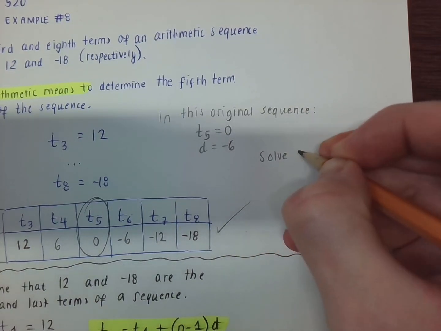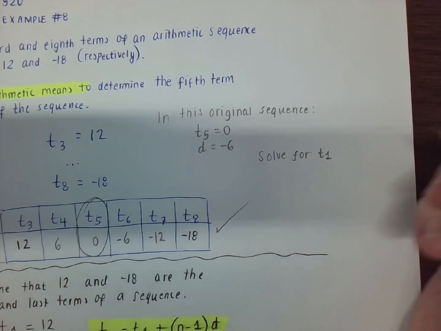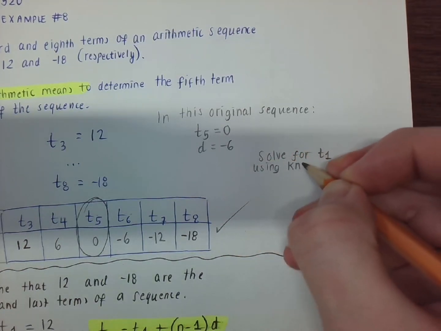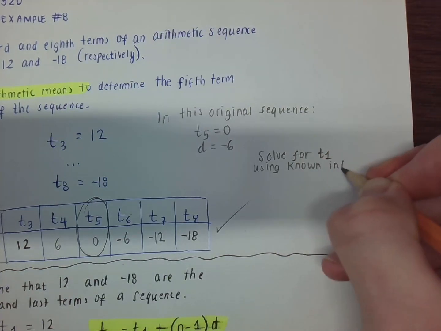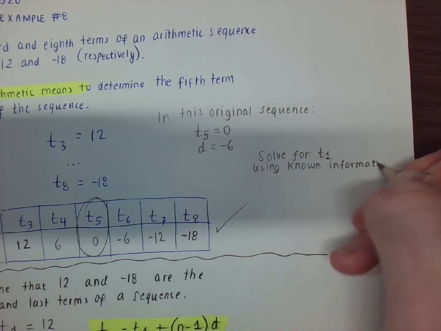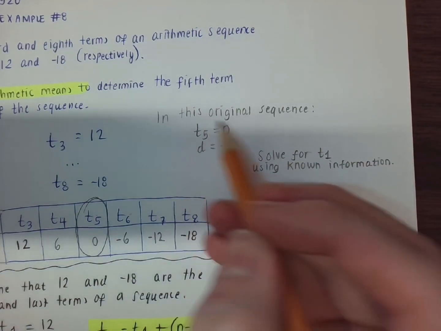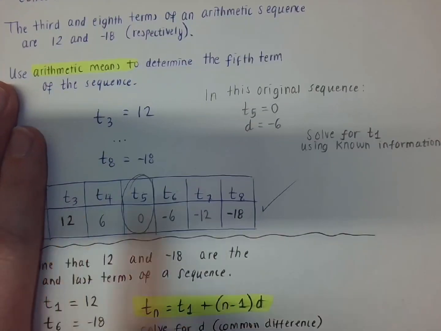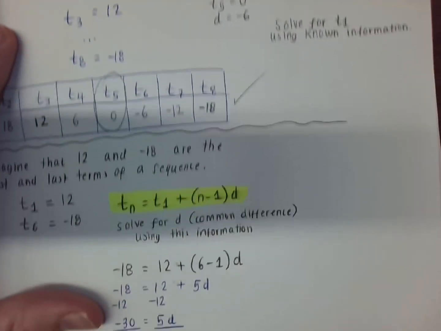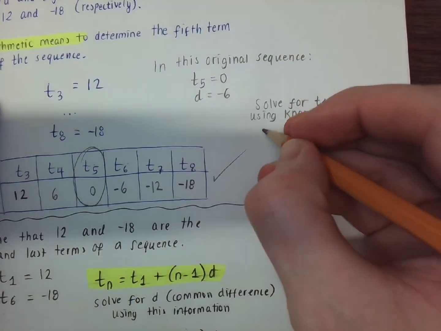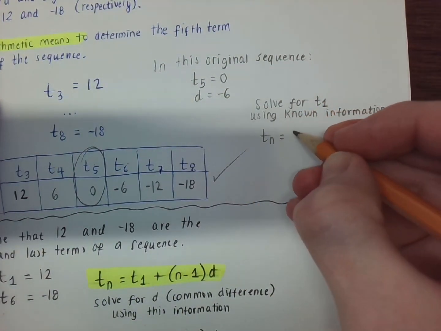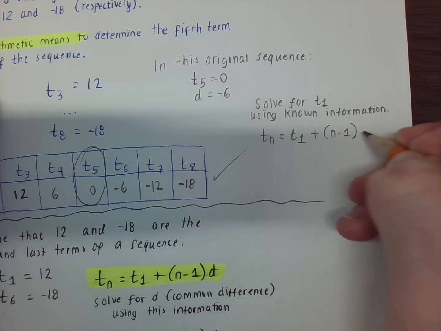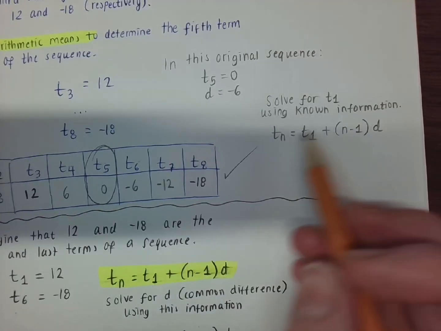Another way you could do that, though, is you could solve for T1 using known information. Because once we figured out my common difference, you could set up your formula and use really any value of n.